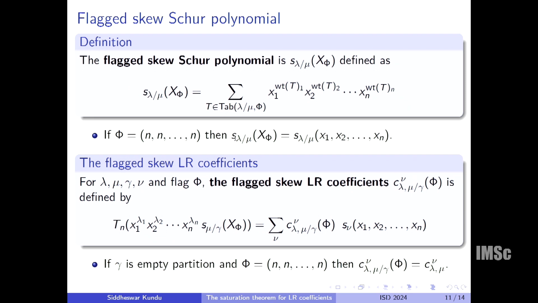Then act on this polynomial by the operator T n, and it will be a symmetric polynomial. Any symmetric polynomial can be uniquely written as a Z-linear combination of Schur polynomials. Then C nu, lambda, mu/gamma, phi is the multiplicity of S nu in the decomposition. In particular, if we consider lambda as the empty partition, meaning all zeros, and phi as all n, then this should be the usual LR coefficient.